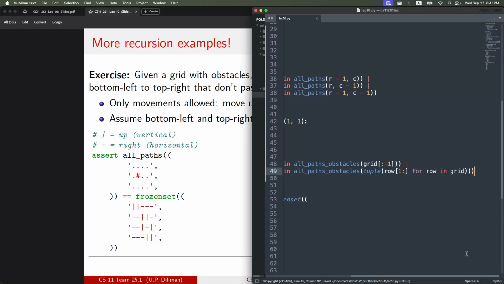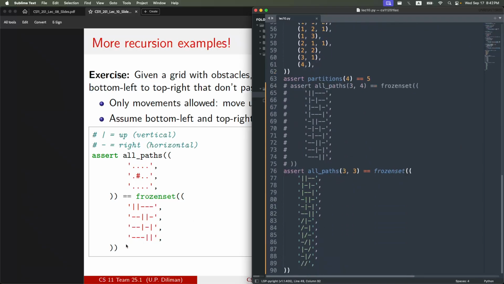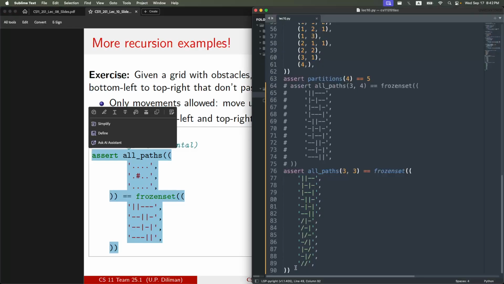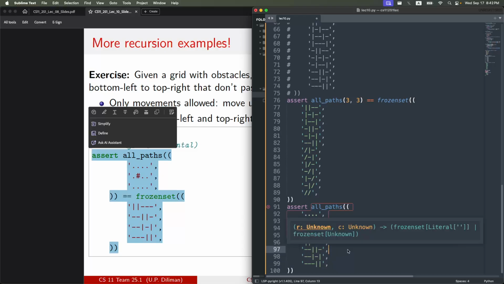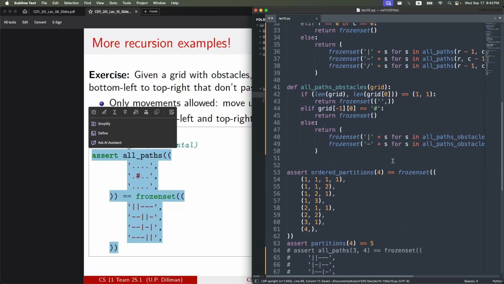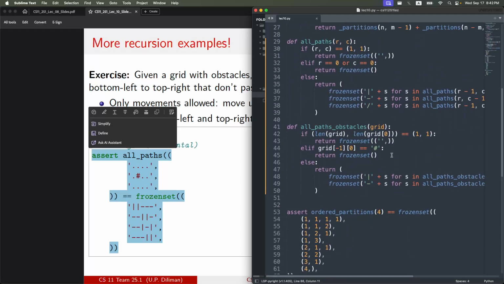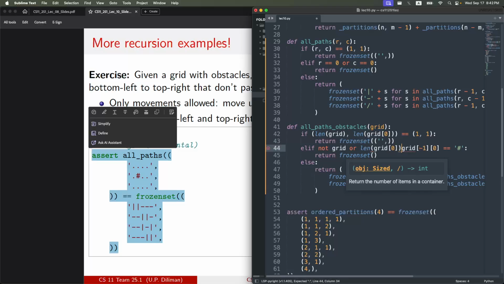Okay, let's try this. Try these base cases.